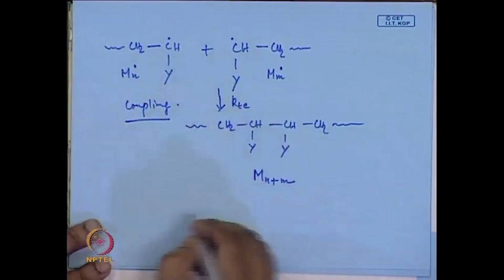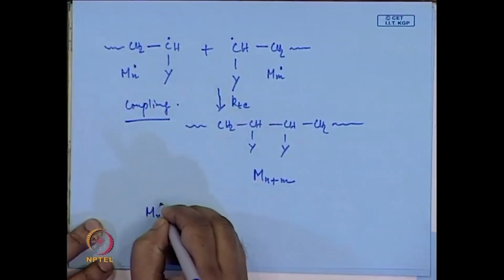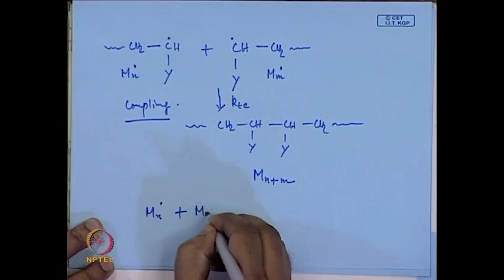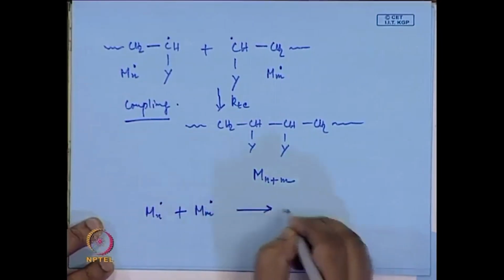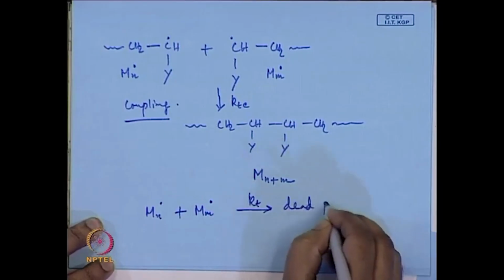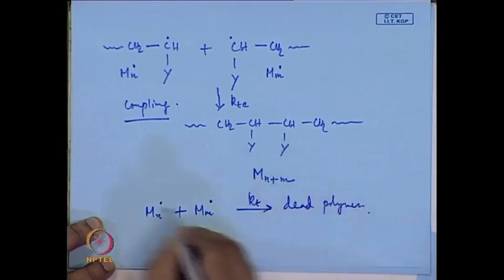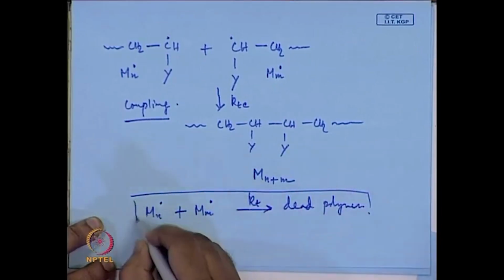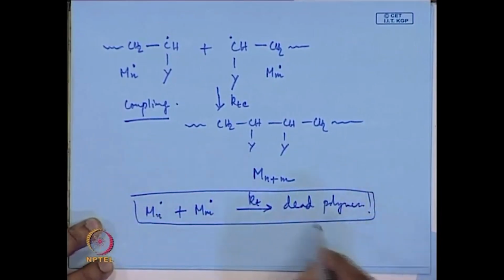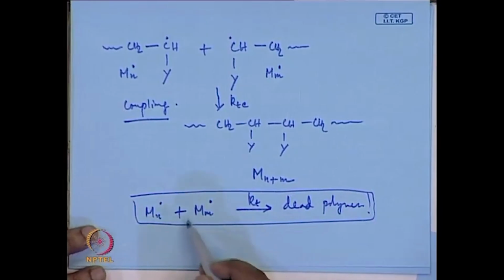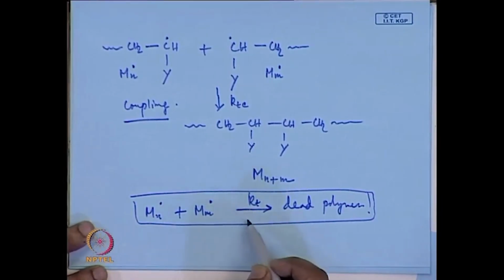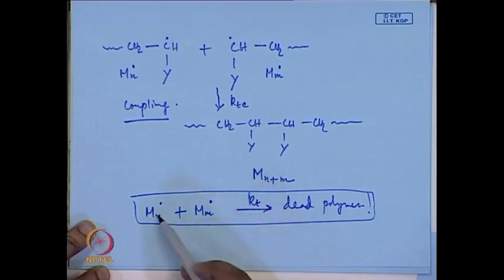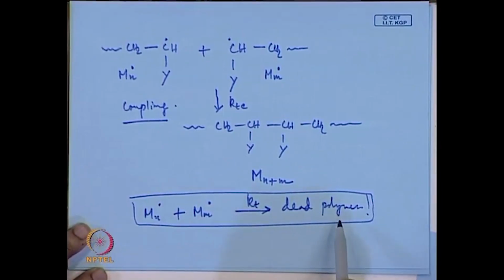Now, in general we can write Mn dot plus Mm dot, with Kt, gives rise to dead polymer. This takes care of both the coupling reaction and the disproportionation reaction. In both cases two propagating radicals react and form dead polymer.